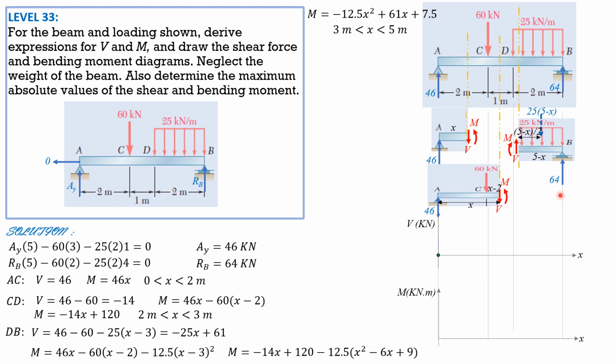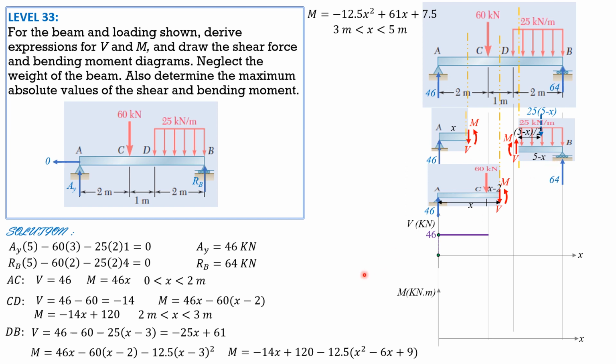So shear first, upward equals downward. Therefore, the shear equation in dB is downward minus upward. So shear is 25 times 5 minus x. So this is sum of forces vertical. Shear plus 64 equals 25 times 5 minus x. So shear is 25 times 5 minus x minus 64. Considering this free body diagram.